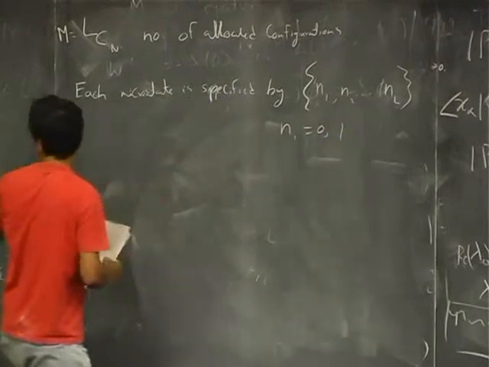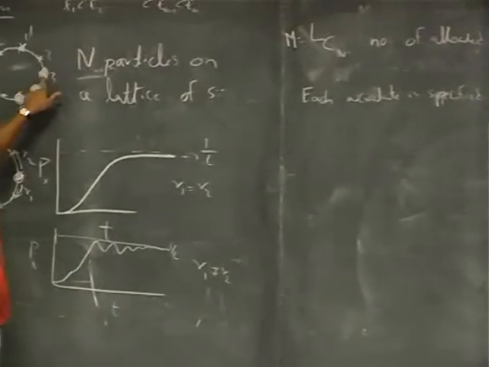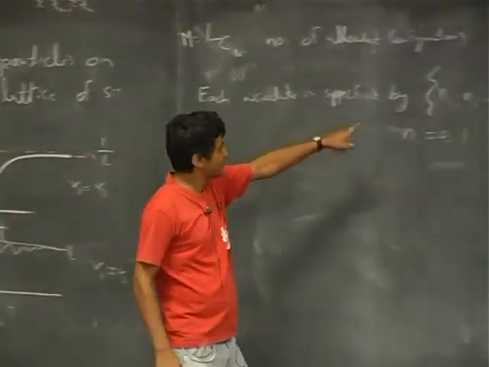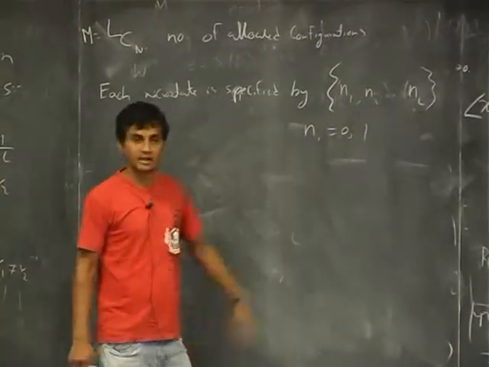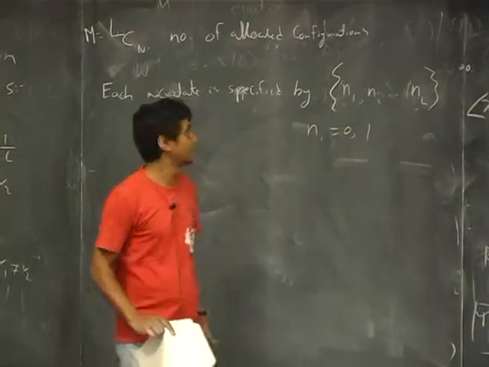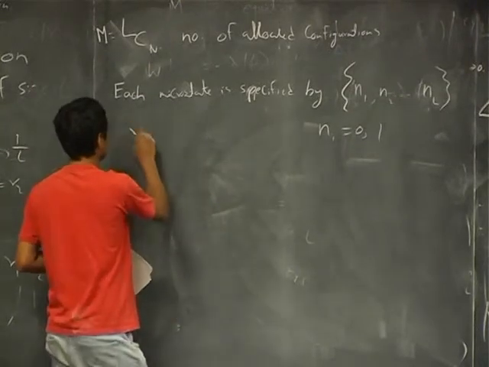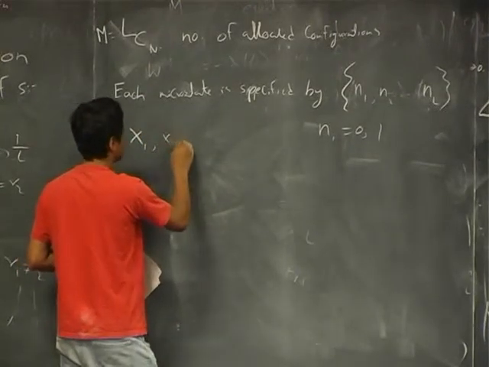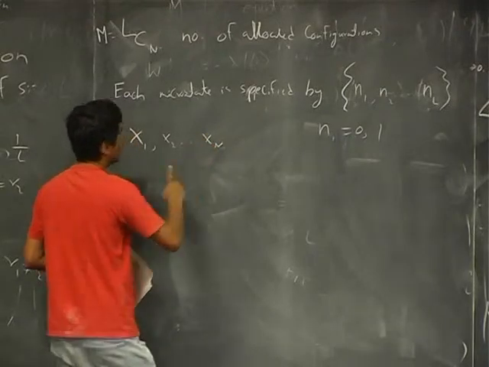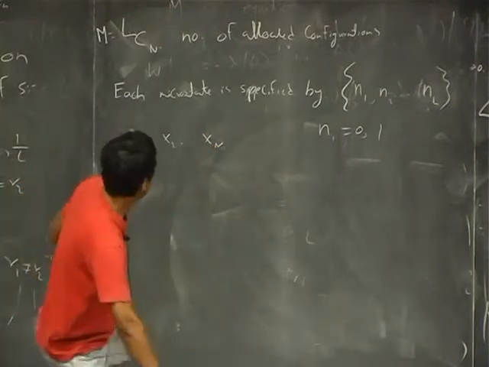On each site, if there's a particle, you put 1, and if there's no particle, 0. If you give these L numbers, the state is completely specified. The other way is, if you have n particles, you could just specify the positions of the particles, x1, x2 to xn. That would be another way of specifying. But let's do this.